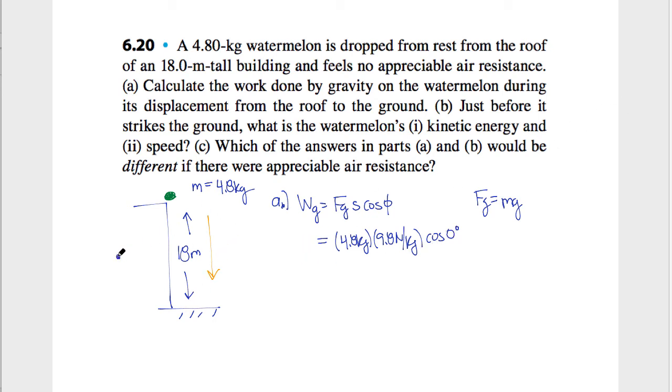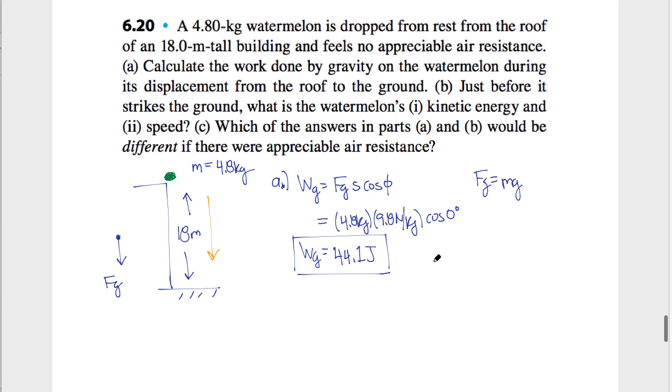So the free body diagram for this will just be force of gravity in the downward direction. So the work done by gravity here will end up being simply 44.1 joules. Now, that is positive because the force of gravity and the displacement are in the same direction.